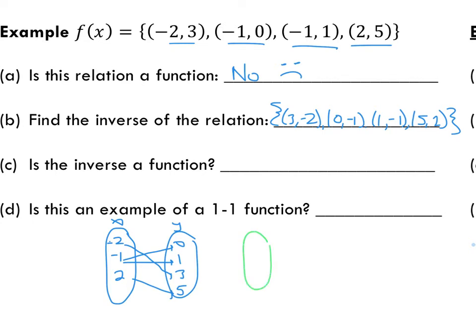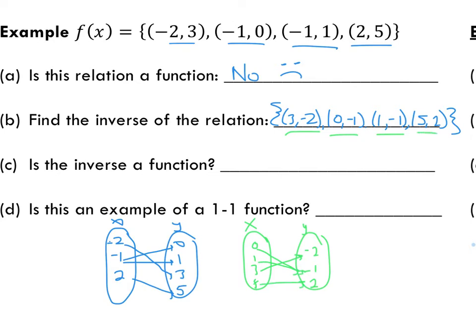Well, again, we can do 2 circles, and now our y's are x's, and our old x's are now our y's. So 3 went to -2, 0 went to -1, 1 went to -1, and 5 went to 2.